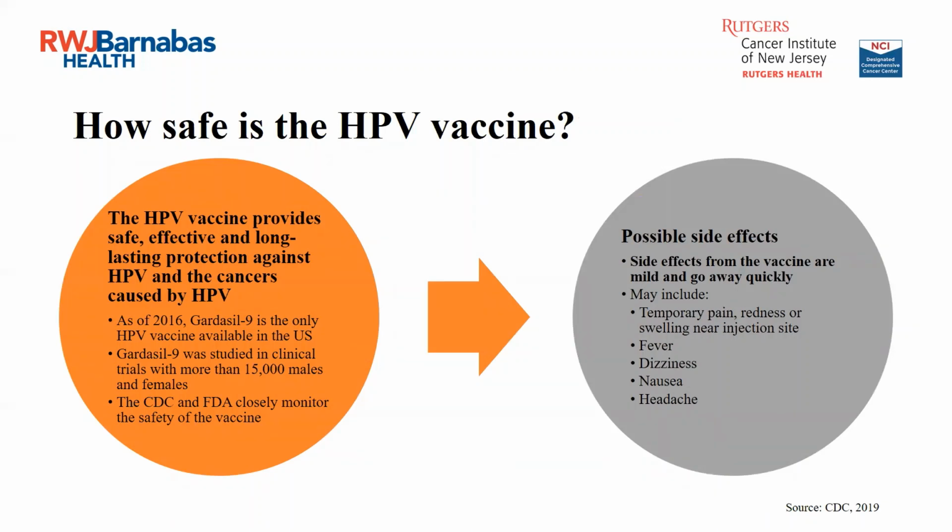In terms of possible side effects, the side effects are mild and they go away quickly, if at all. They might include temporary pain, redness or swelling, fever, dizziness, nausea, or headache. But keep in mind, not getting the HPV vaccine when recommended is actually more dangerous than getting it, because not getting the vaccine can put you at risk of different cancers, which can cause infertility and even death.